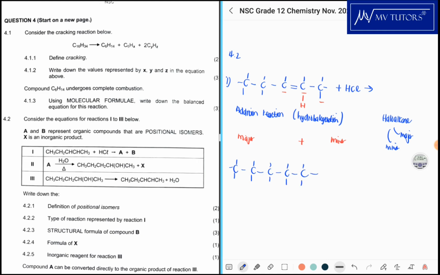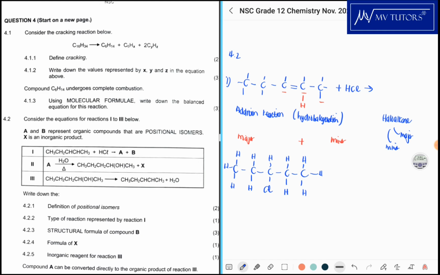And I said for the major product, your hydrogen is going to be there. Putting in these hydrogens is such a pain. And if you put a hydrogen there, it means the chlorine is going to come here. So this is basically 2-chloropentane. No, what am I saying? 3-chloropentane. So this is our major product.